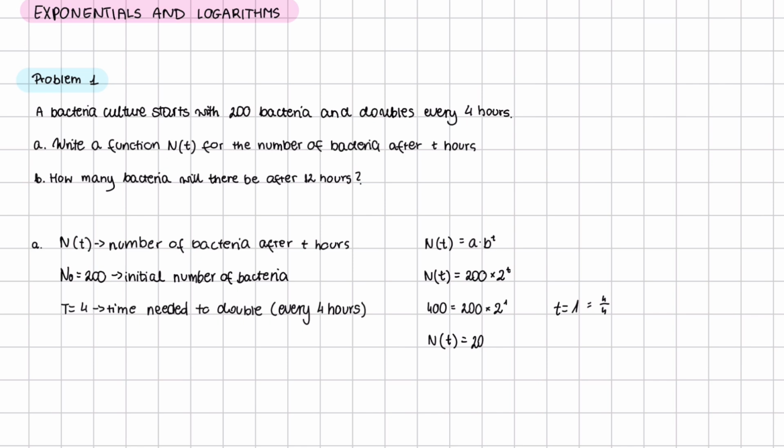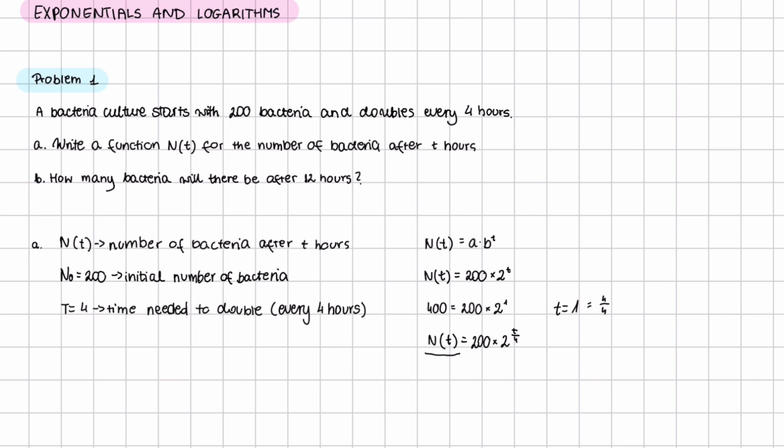So 200 stays the same because it's our initial number of bacteria, it doesn't change, times 2, and we don't have 400 in here anymore, because we need to write this function for any other amount and any other time. So we simply need to leave here t over 4.